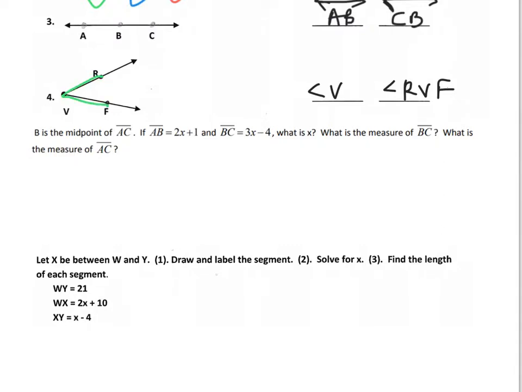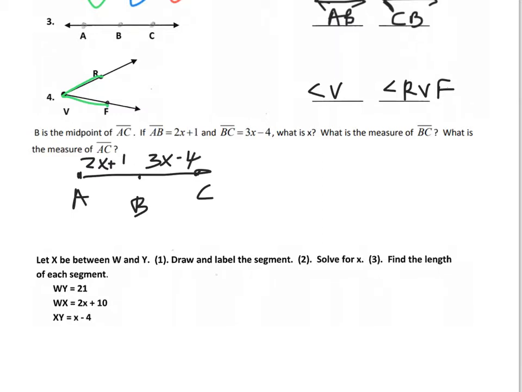Then we started talking about segments after we did basic vocabulary. So it says if B is the midpoint of AC. Stop and draw a picture. B is the midpoint of AC. And AB is 2x plus 1, and BC is 3x minus 4.